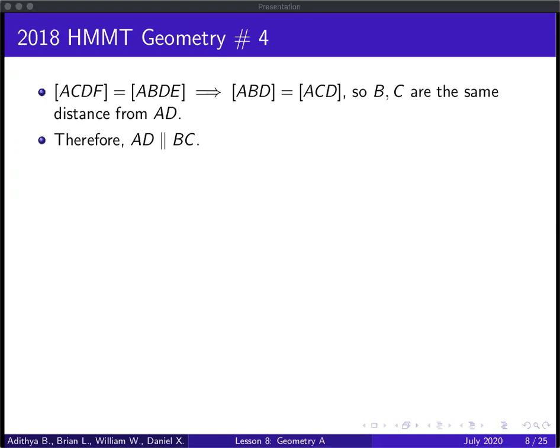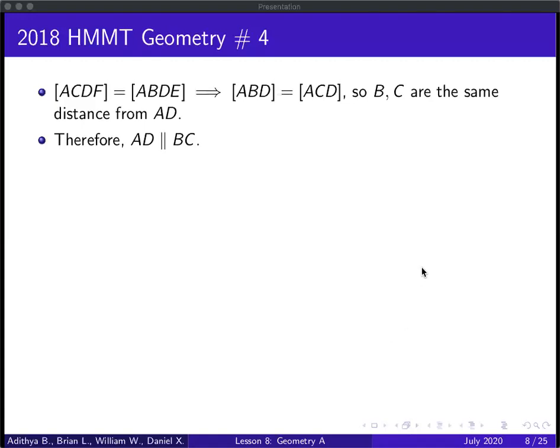Why does ABD equal ACD in area? Because the area of ABD is going to be half of the area of the parallelogram ABDE, and the area of ACD is going to be half the area of the parallelogram ACDF. Basically, they're just half of their respective parallelograms.